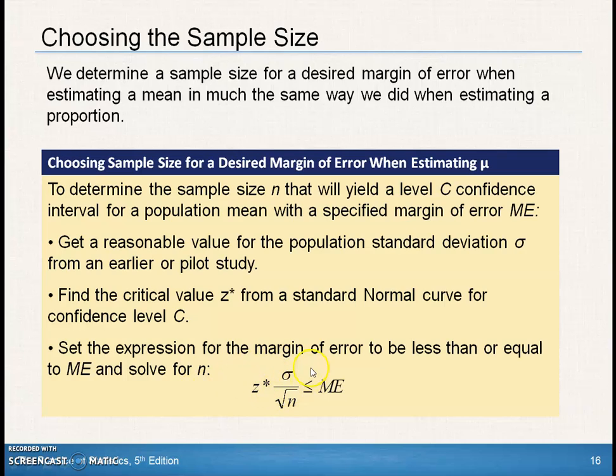The sigma we may not know, so we might have to pull that from some other study or from experience. It's not like the proportion, where we could take 0.5 as the worst case scenario. This one we need some sort of information to get that. Leave n alone, and then we have to have some margin of error that we can use.